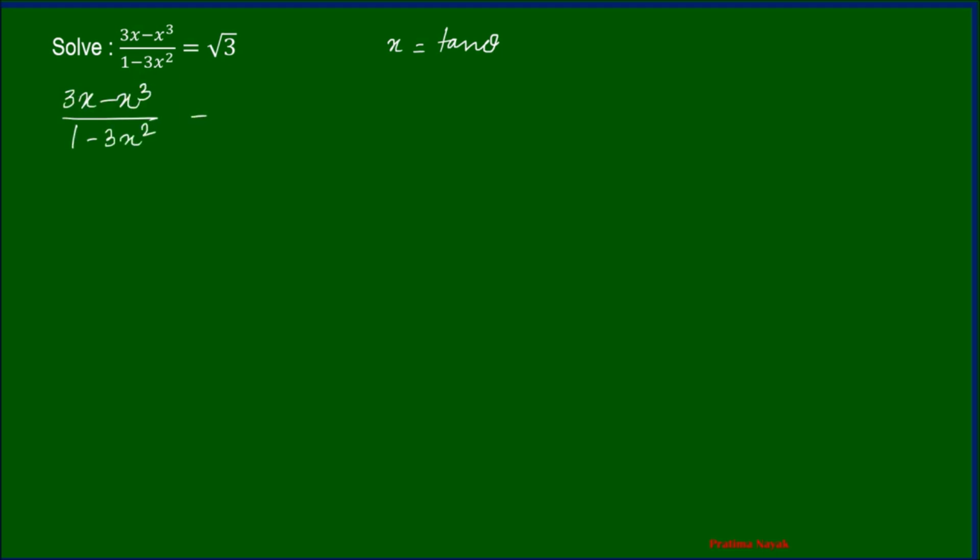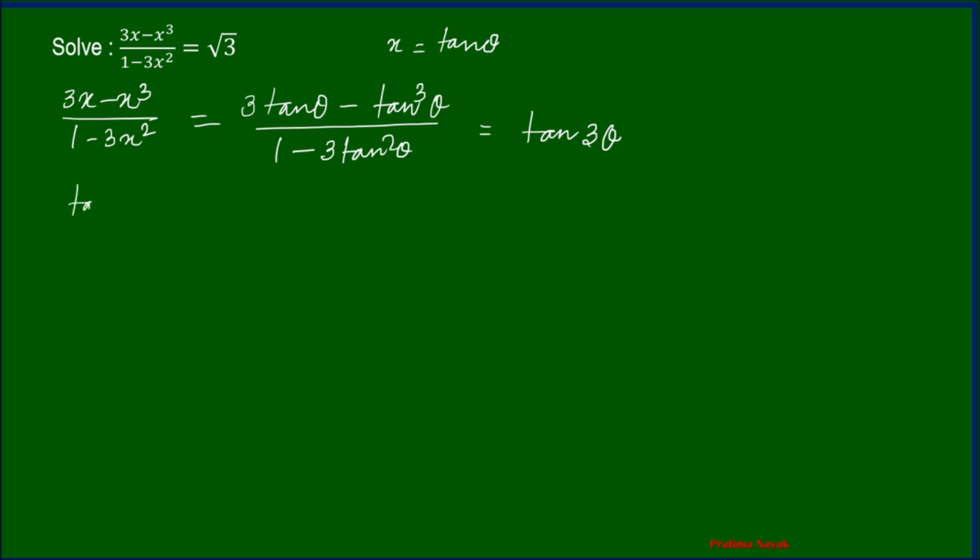So this will be 3 tan theta minus tan cube theta over 1 minus 3 tan square theta. This is nothing but, you will recall, tan 3 theta. So substituting in the equation, the left hand side becomes tan 3 theta. So tan 3 theta is equal to root 3.